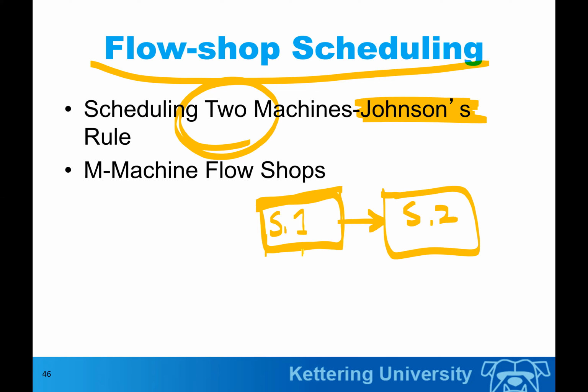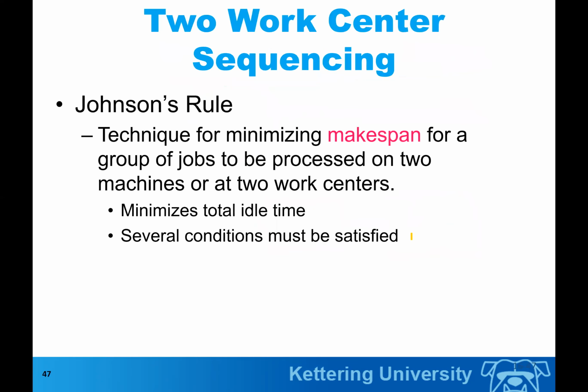Job 1 will first go to station 1 and then go to station 2. So the order is fixed; you cannot change the order. The same as with previous techniques: for SPT, our goal was to minimize total flow time.